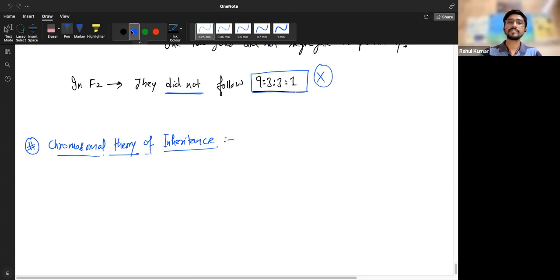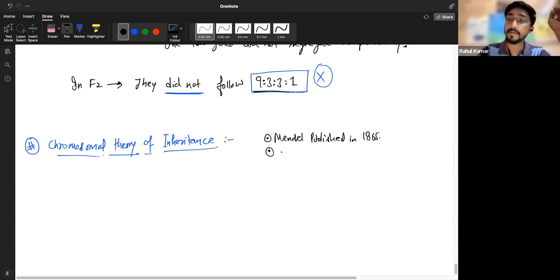So Mendel published his work in around 1865, and till 1900 it remained unrecognized.